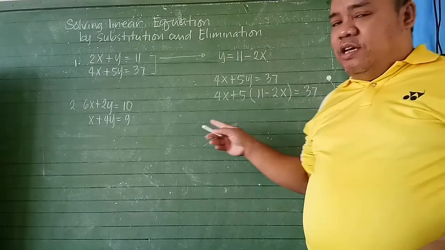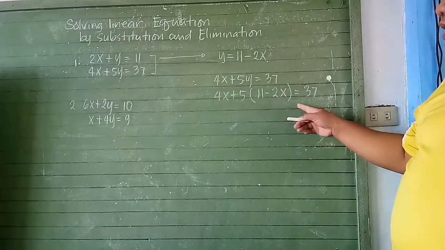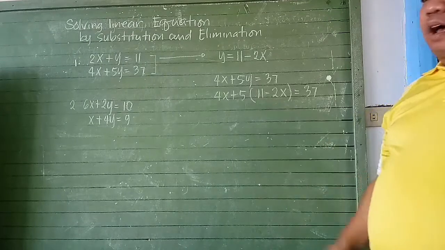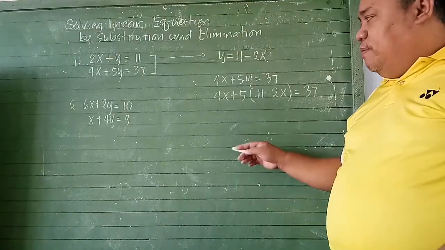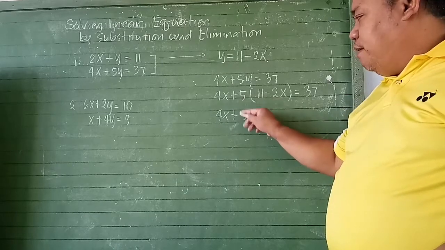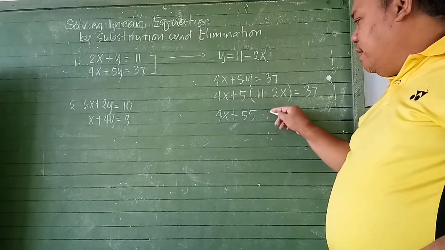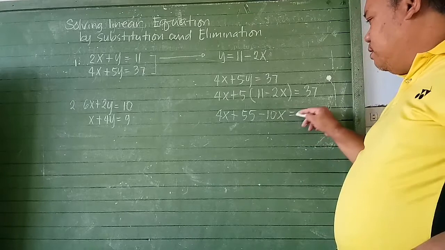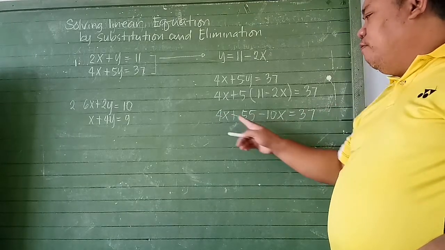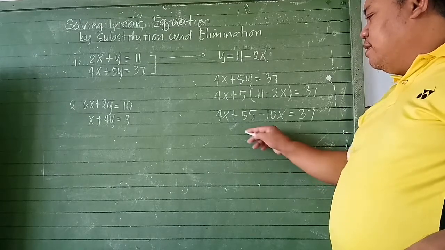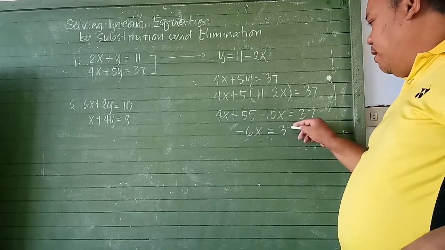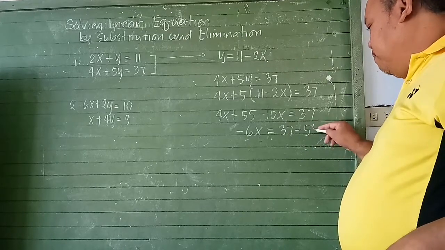So you see, you cannot see any variable y here. All of them are x because we substituted the value of y. So this is 4x plus 55 minus 10x is equal to 37. We combine 4x minus 10x, this is negative 6x, is equal to 37 minus 55.